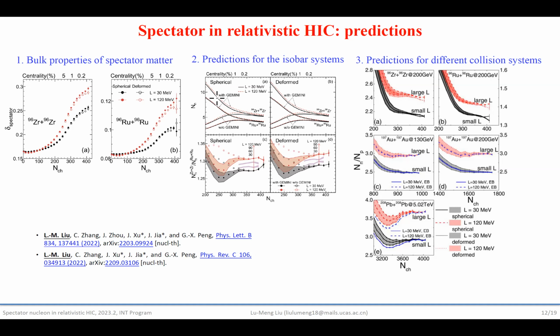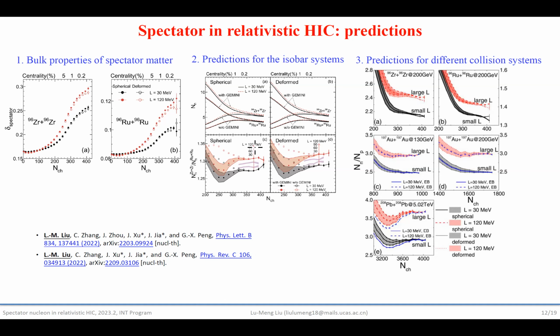Here we make a prediction for the isobar systems. As expected, the large L gives a large yield ratio of zirconium to ruthenium collision, shown as the red band, where L equal to 120, and this band represents the uncertainties of the excitation process.